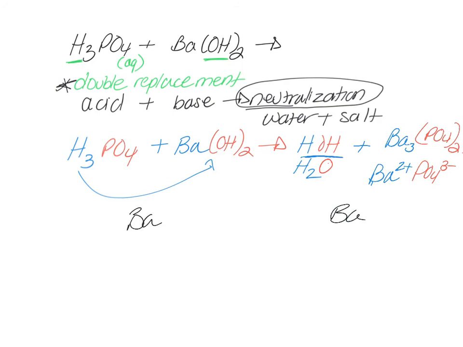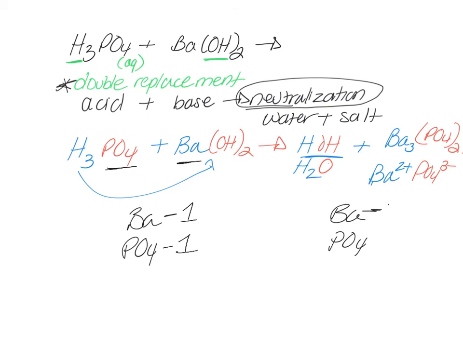So I'm going to show you that usually if you balance the weird things first, usually the hydrogen and the hydroxide, or the oxygen, sorry, balance themselves out. So we're going to try that. So let's just look at the bariums. I have 1 and I have 1 phosphate group.